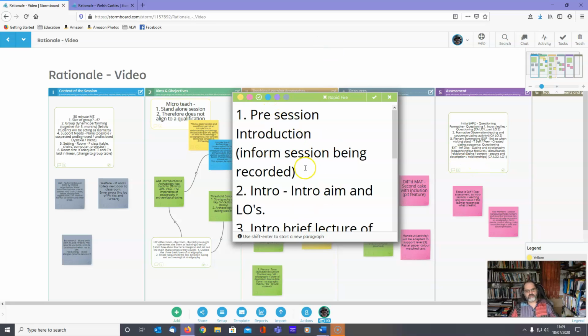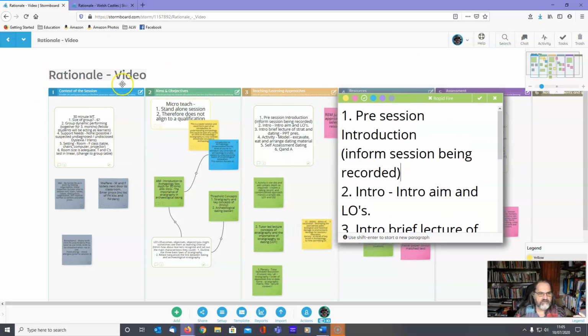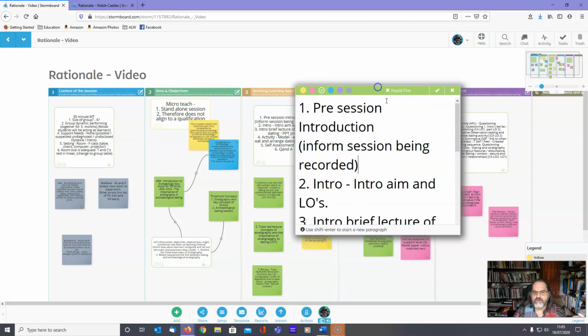I'm also going to pay attention to the welfare and emergency procedures, because this is a room we haven't used before, and I've learnt that from my context. I also need to, at this point, introduce my aim and learning outcomes. As William says, how can you expect people to know where they're going if they don't know what the learning intention is?